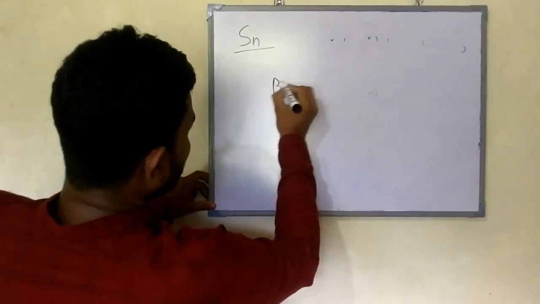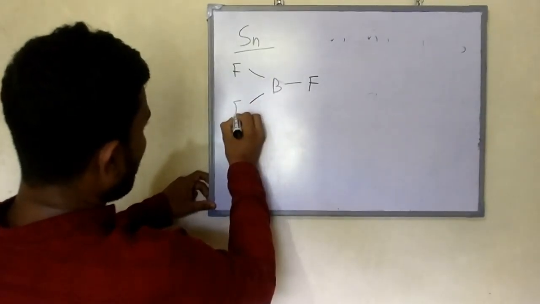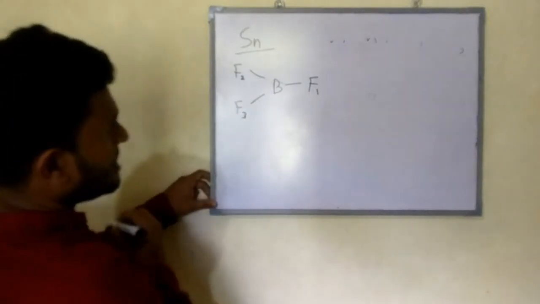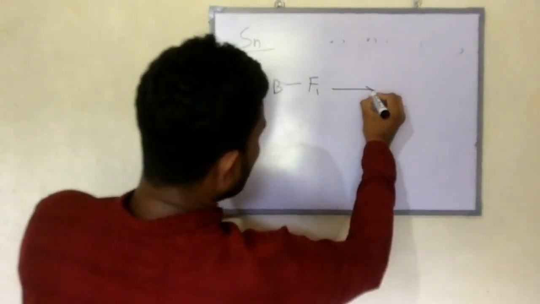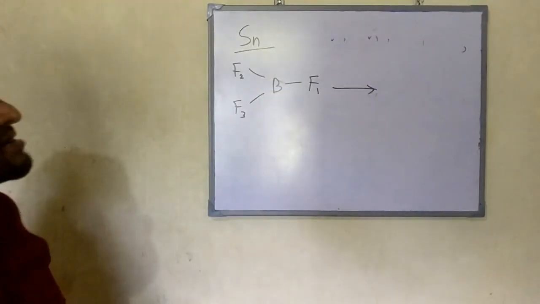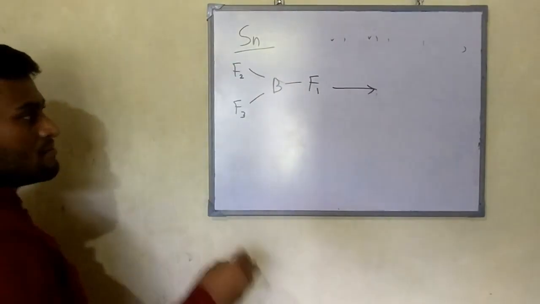If we take this BF3 molecule, and I number the fluorines as 1, 2 and 3, we know the principal rotation axis will be C3, going through the boron atom.